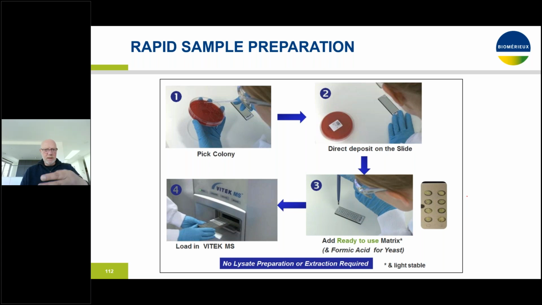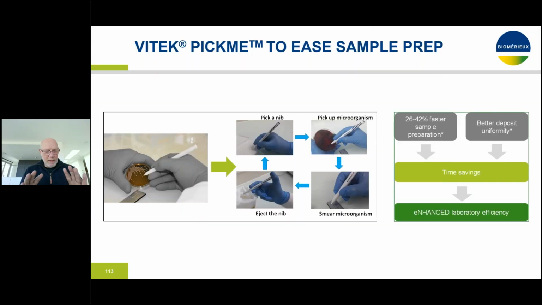And there's this standard slide on picking a colony, putting it manually on the slide, and then you add the matrix and load it into your mass spectrometer. Even in that field, innovation is still an option. And I want to emphasize that what all of the previous speakers told you today is that there is a given protocol for the use of mass spec in clinical testing, but if you use your brain and you use your hands, then innovation is still around the corner.